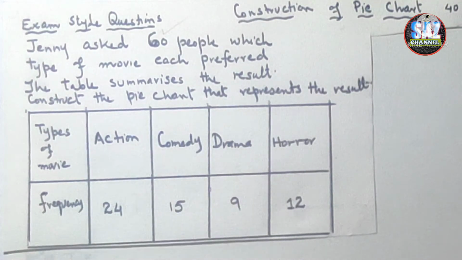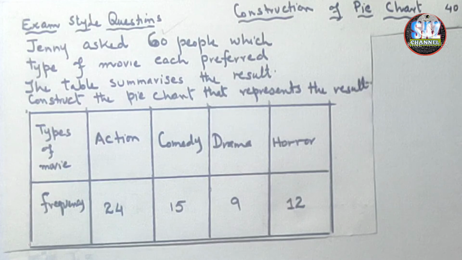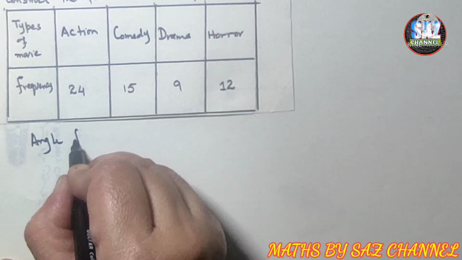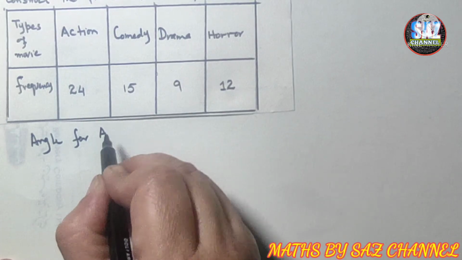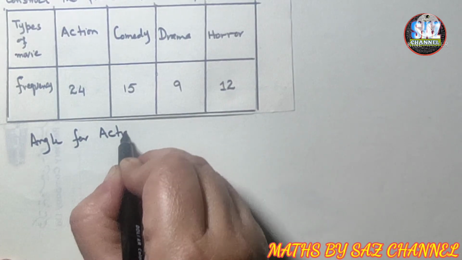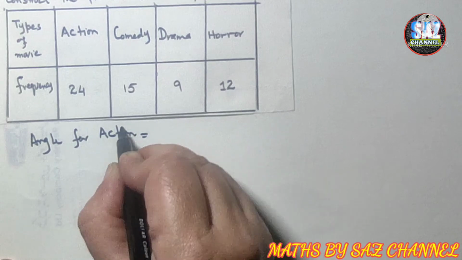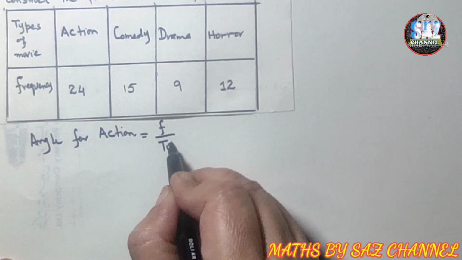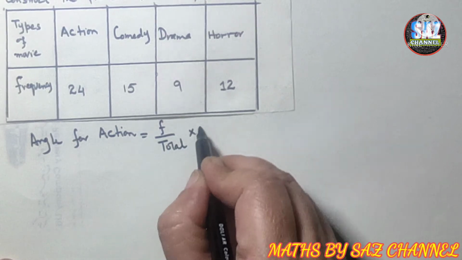What is the formula for the angle? That angle for action, okay, there are the different sectors, is frequency divided by total multiplied by 360 degrees.